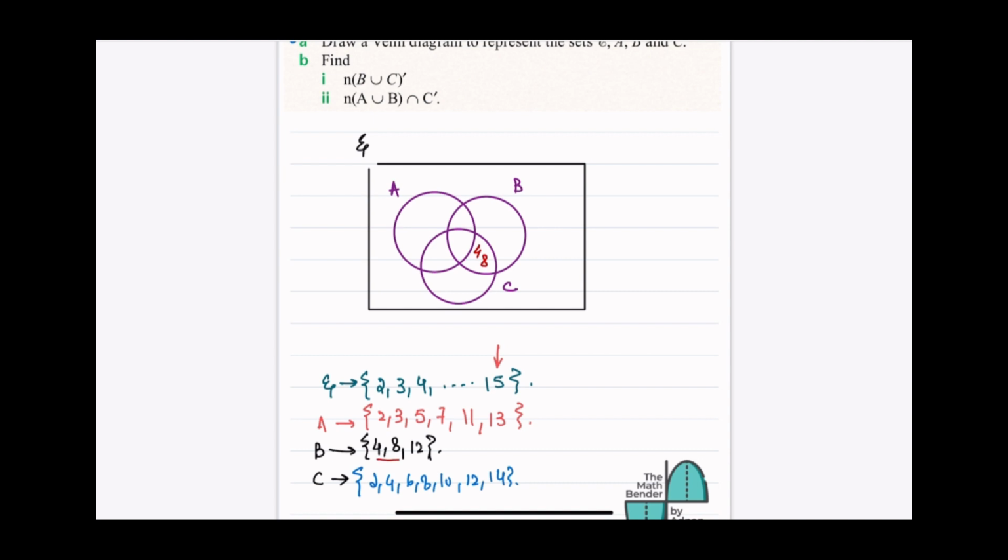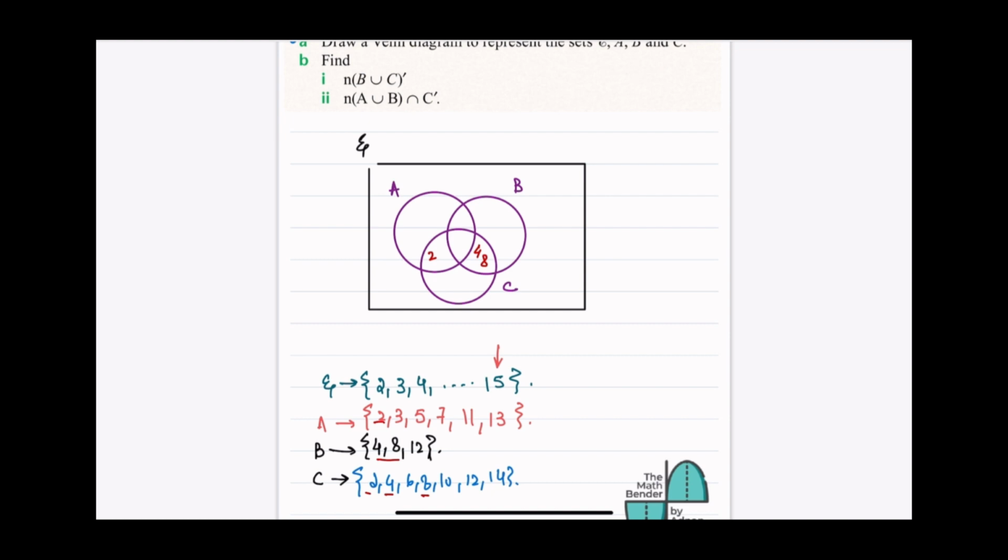In A and C, 2 is common. And in A and B, there's nothing common.